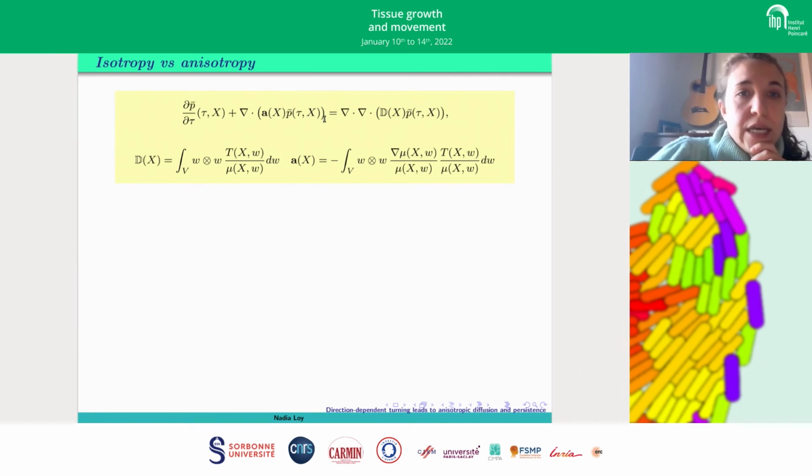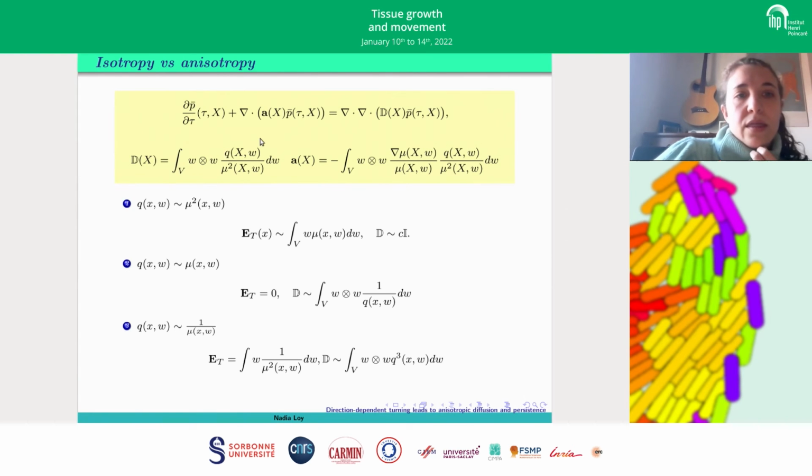If we try instead to look at what happens in the full case, so when mu depends also on the velocity, for isotropy and anisotropy, we go back to our drift diffusion equation and we observe that U_T equals Q over mu. Then we have that our diffusion tensor is given by this formula. So we have that if Q is proportional to mu squared, then we have isotropy.